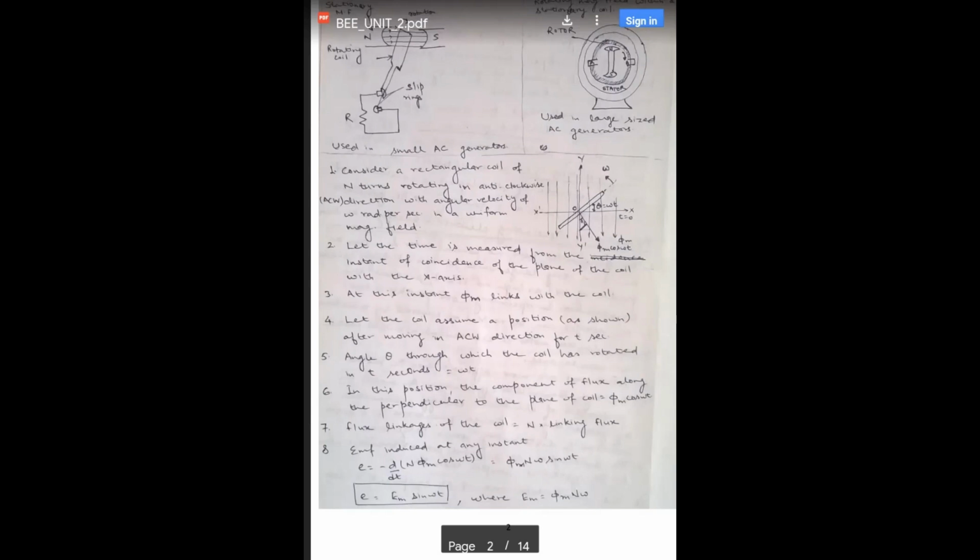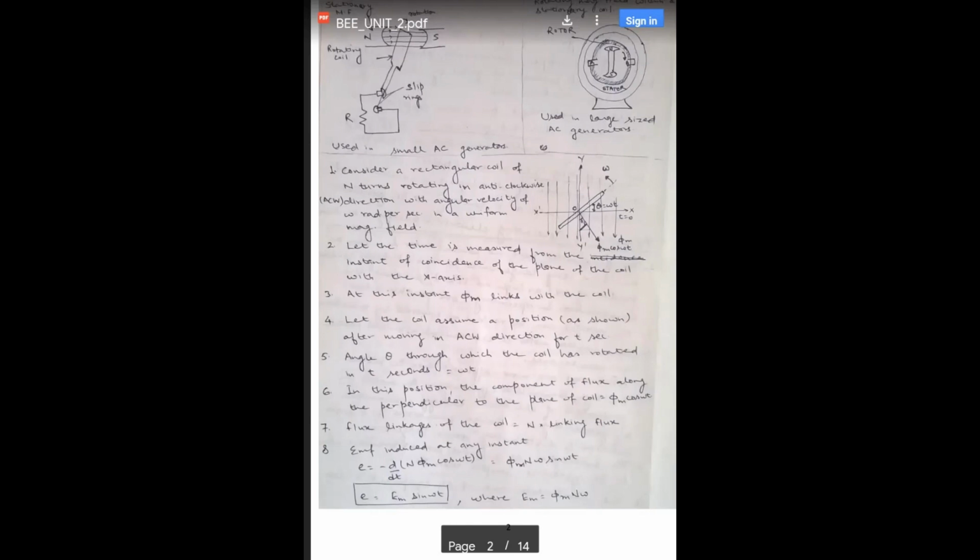Now let us assume that after the passage of time t in the anti-clockwise direction, the rectangular coil assumes the new position as shown. With the passage of time t, what will be the angle associated with this?